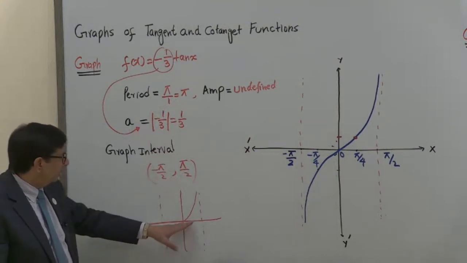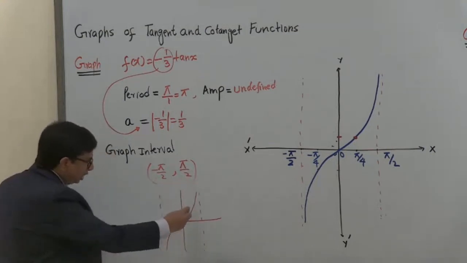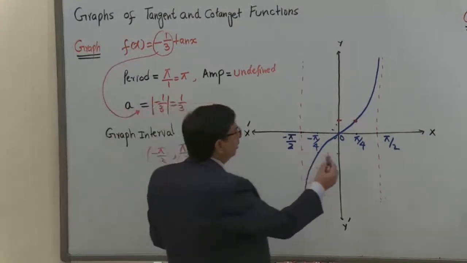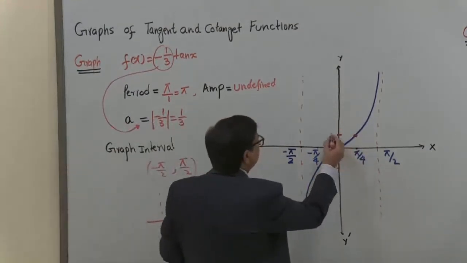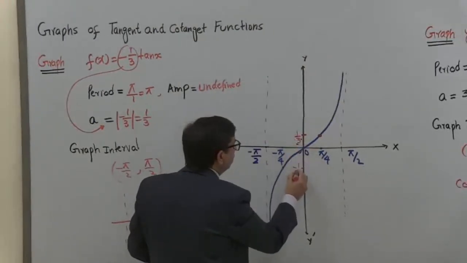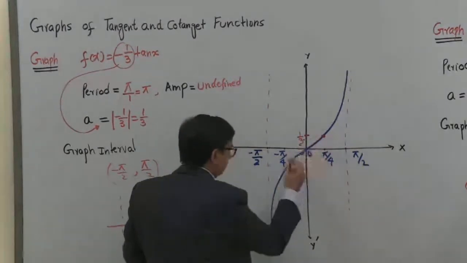So you can graph this curve. Remember this shape for the graph whenever there is a tangent function. And now on this side you have 1 over 3, -1 over 3 value against this point.